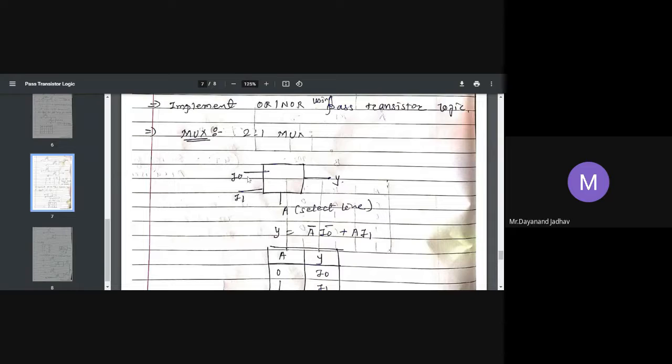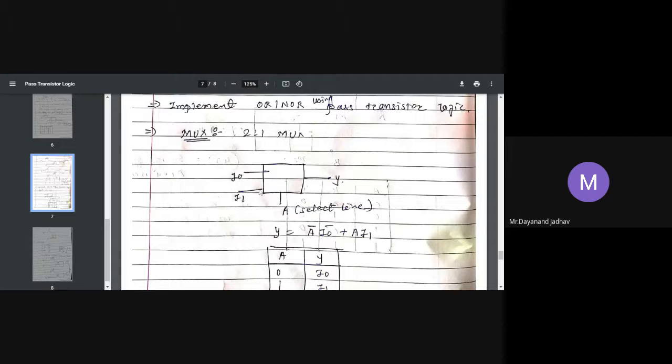When two inputs are there, I0 and I1, there is only one output, and the output is chosen by using the select line. If the select line is 0, then y is equal to I0, and if the select line is 1, then y is equal to I1.